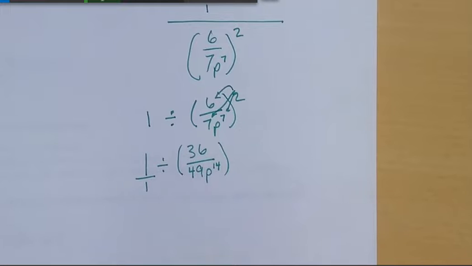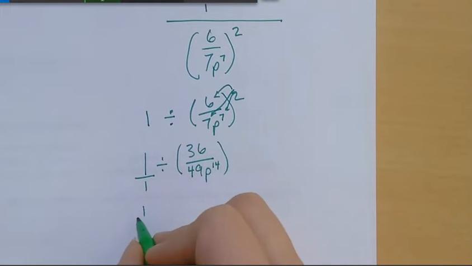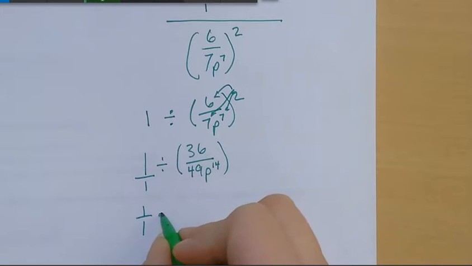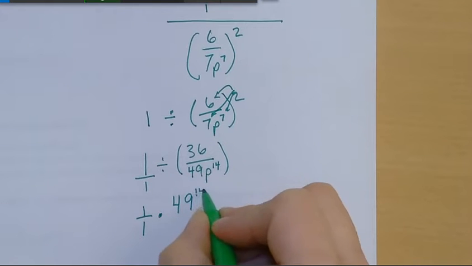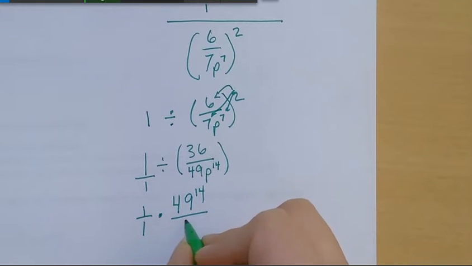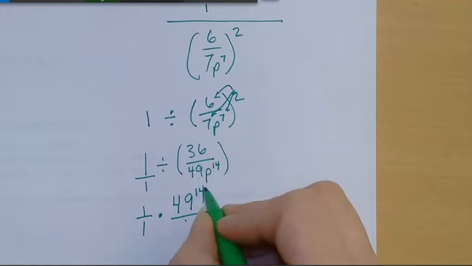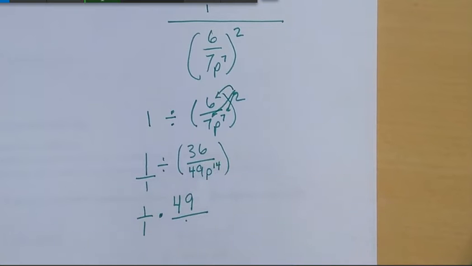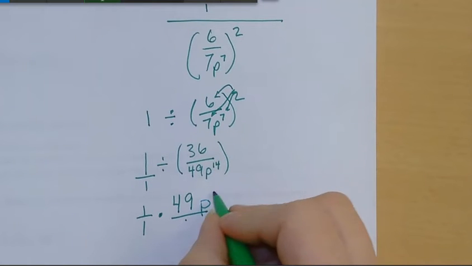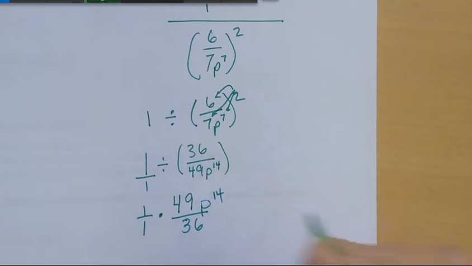So now I'll use my keep, change, flip rule. I keep my fraction that I start with, change to multiplication, and flip over to 49p to the 14th, all over 36.